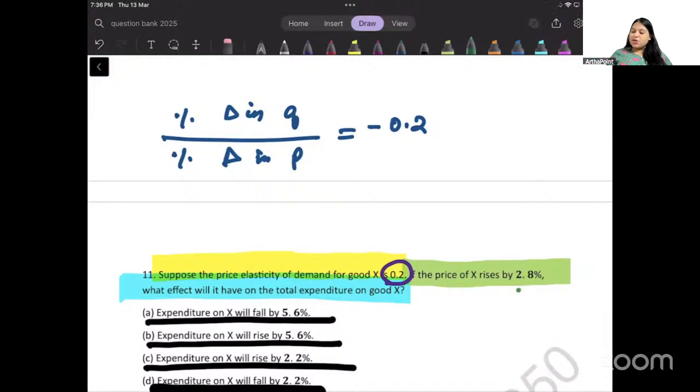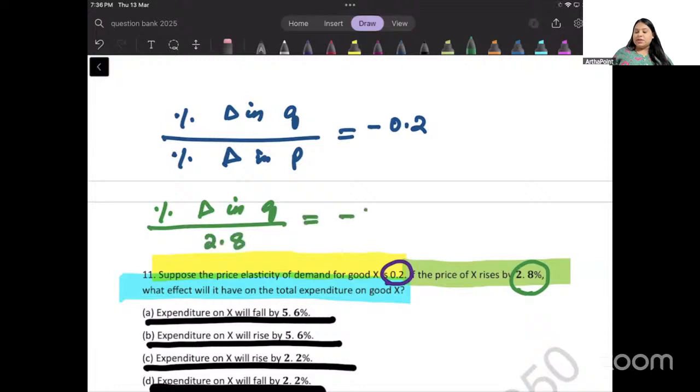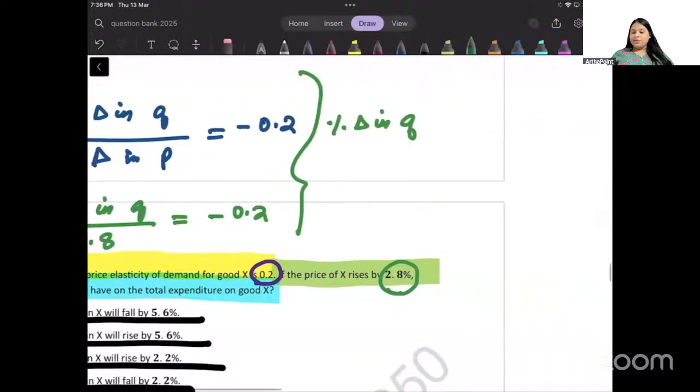Price increases by 2.8%. So percent change in quantity upon 2.8 is -0.2. तो यहां से you will find percentage change in quantity, which will be 2.8 into 0.2 with a negative sign. ठीक है. ये थोड़ा सा बस इस चीज को हमें देखना होगा कि if it is demand elasticity, then we should be going ahead and putting a negative sign with it.